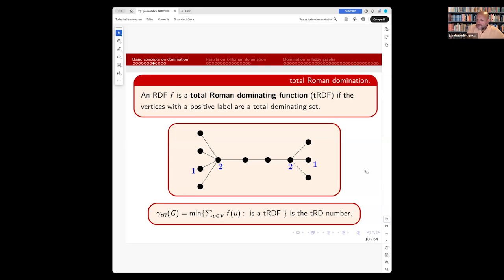As I said before, this is the same as requiring that any vertex with a positive label must have at least one neighbor in the set B1 union B2. Of course, the notation is the classical one. Gamma TR is the minimum weight of such a total Roman dominating function, and is known as the total Roman dominating number.